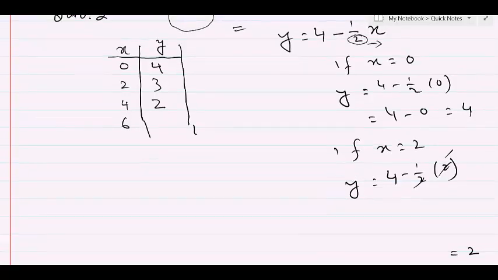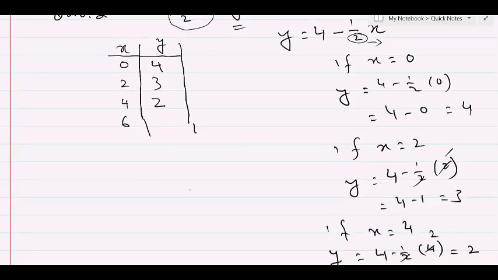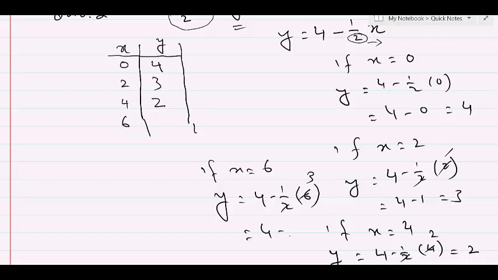For a similar reason, if x is equal to 6, then what would y be equal to? 4 minus 1 by 2. Instead of x, we are going to say 6 here, and 4 minus 2 times 3. So this would be 3, and that would be equal to 1.